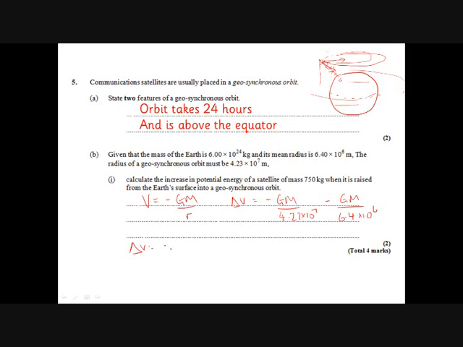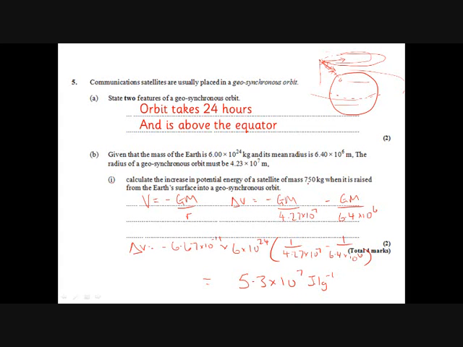So delta V is minus 6.67 times 10 to the minus 11 times 6 times 10 to the 24 times 1 over 4.27 times 10 to the 7 minus 1 over 6.4 times 10 to the 6. And that will give you 5.3 times 10 to the 7 joules per kilogram.